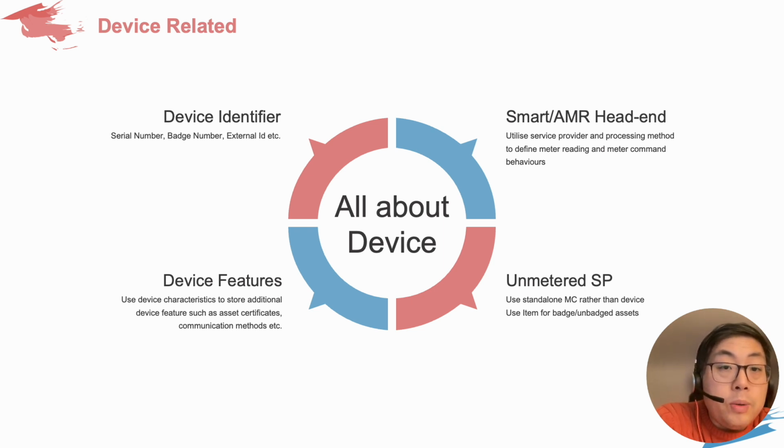We can use C2M functionality for service provider and processing method to define the behavior. And also about device features, we have a characteristic table as we have for many other objects as well. So that can be used to store additional information like asset certification, communication masters, etc.